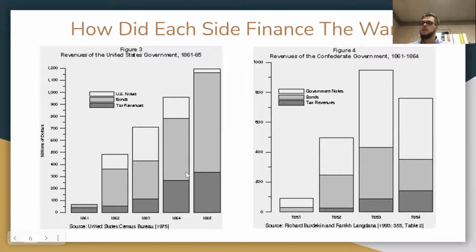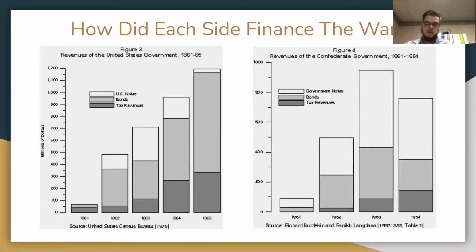And we see that it's actually interesting because the tax revenue of the North, they're taxing a lot. They have to tax a lot, especially as the war goes on, because it's becoming more costly. But we see that most of the revenue from the Confederacy is actually gained through the use of government notes, which is just something interesting to think about.